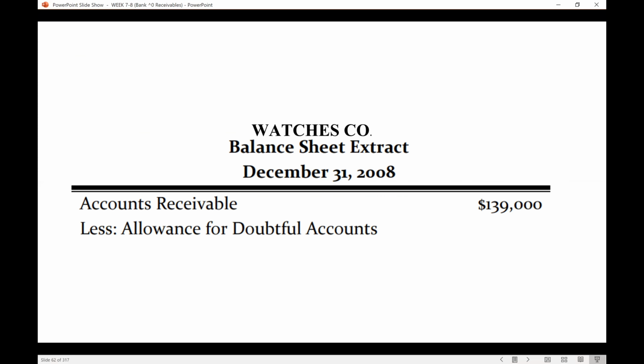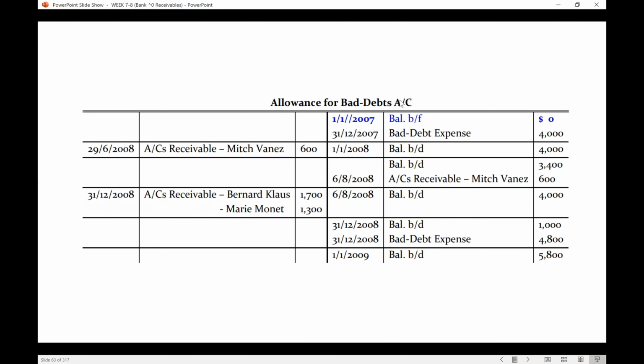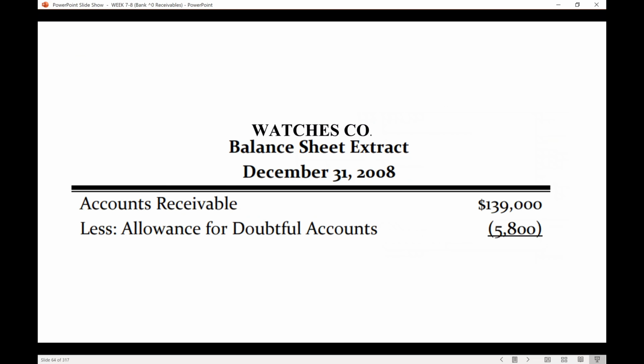We're supposed to less the allowance for doubtful debt. And where is this coming from? So remember your allowance account. What was your ending balance at the end of December 31st, 2008? So the ending balance of one period is the beginning for the next, right? So your balance here is 5,800. And this amount is what we'll be carrying to the balance sheet extract to deduct from our accounts receivable figure.